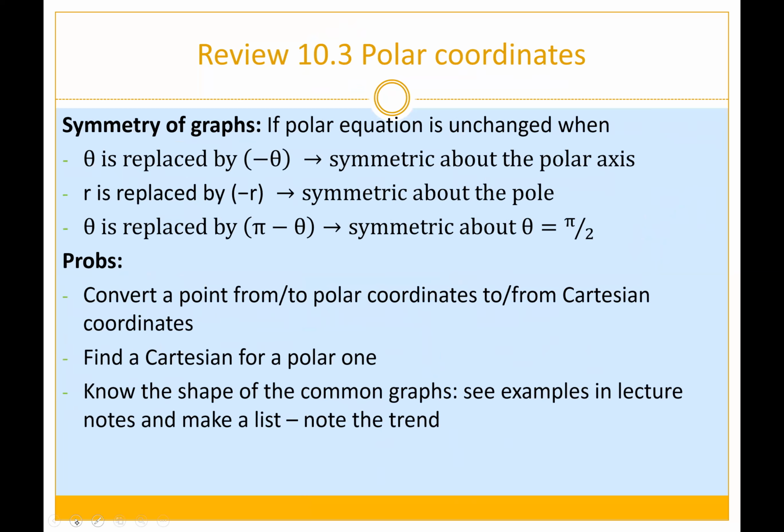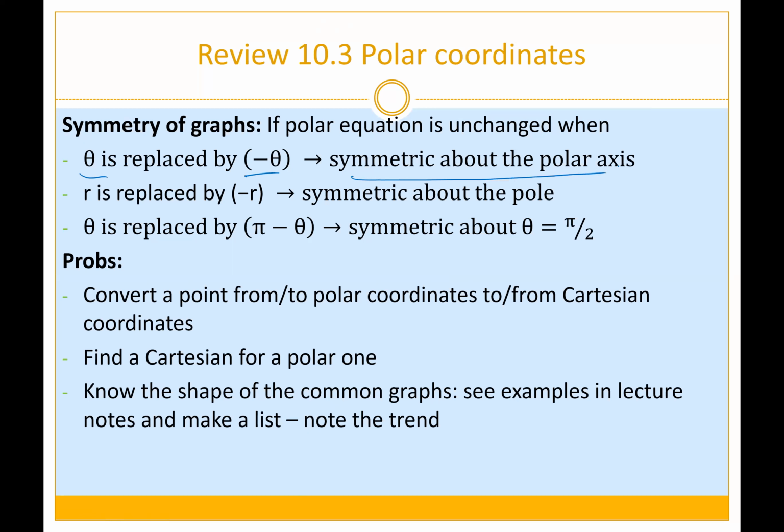We also have symmetry of graphs, which is another way to help you find which graph is which, but I find this one not very commonly used among students. A polar graph is symmetric about the polar axis if it's unchanged when you replace theta with negative theta.